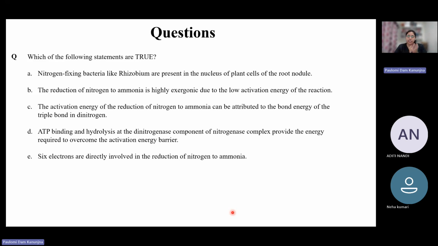All right. Same again. I think it's nitrogen fixing. So it says there are 5 statements here. Read it out and let me know which ones are correct.